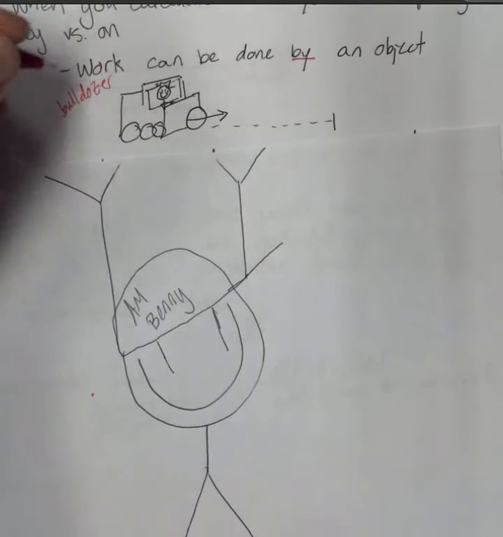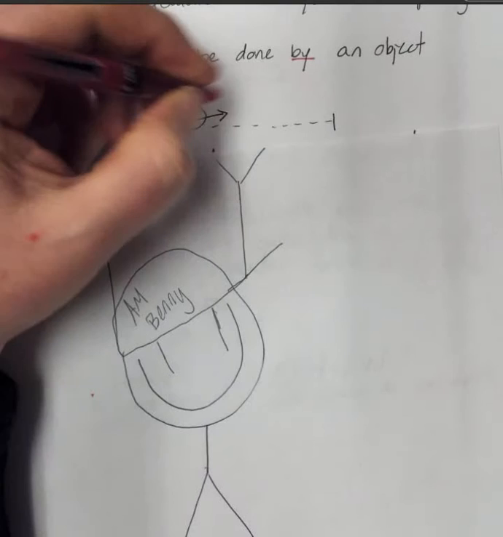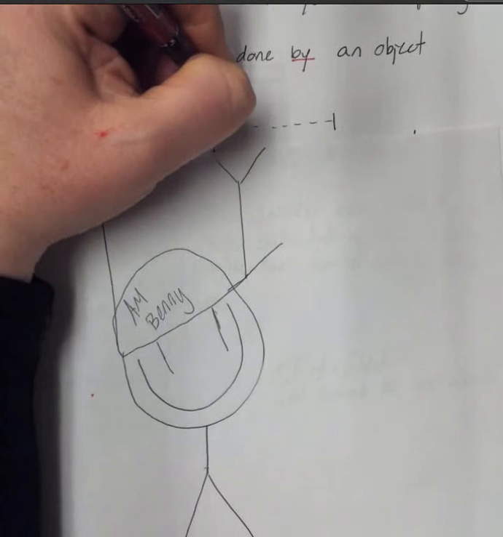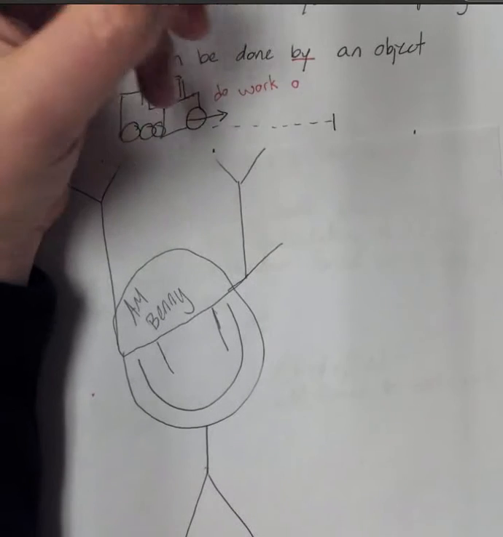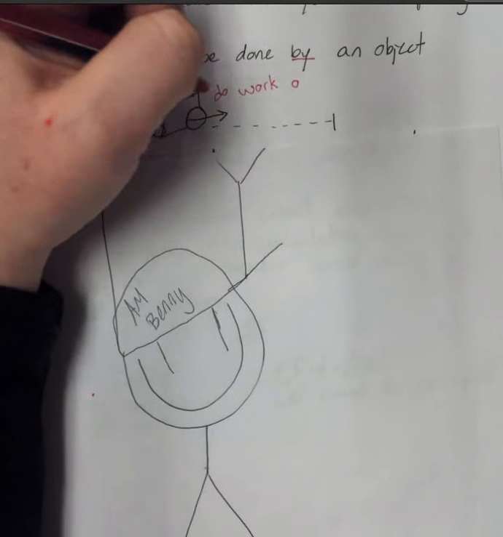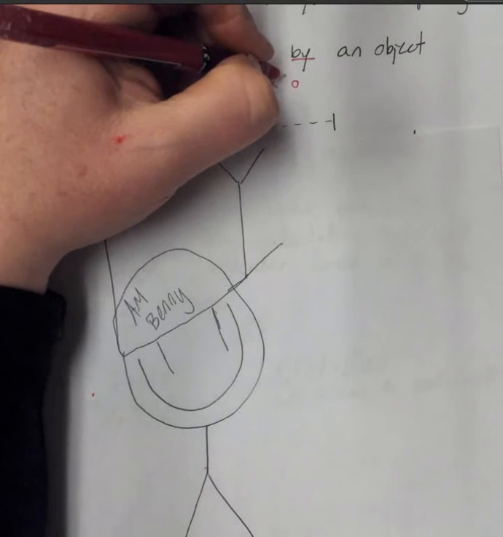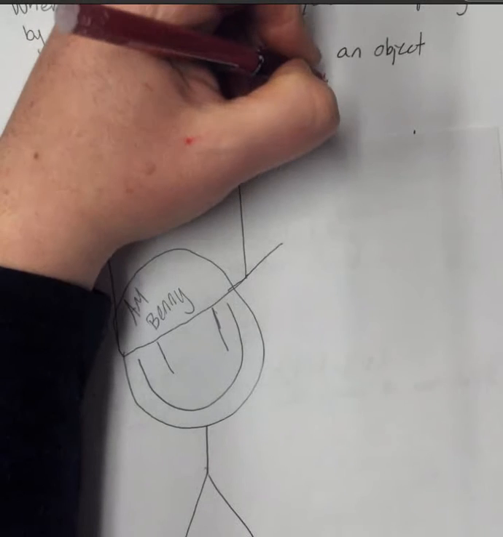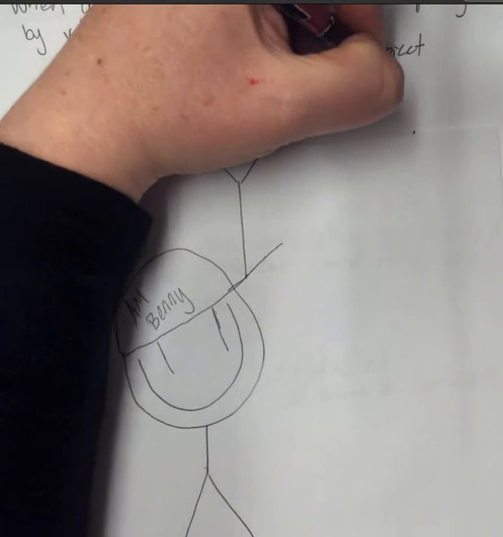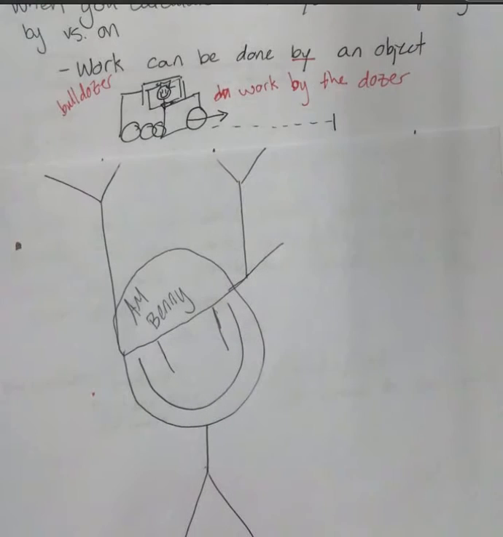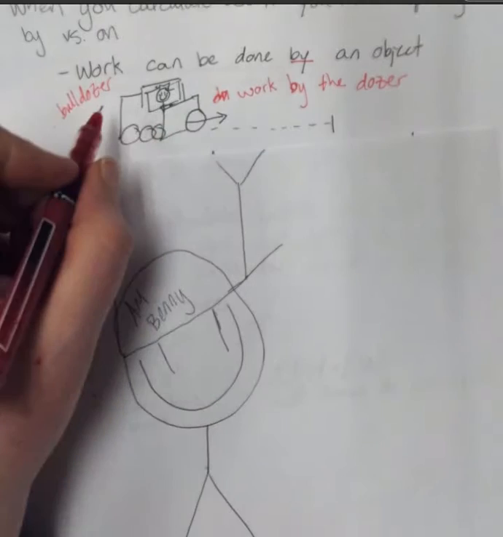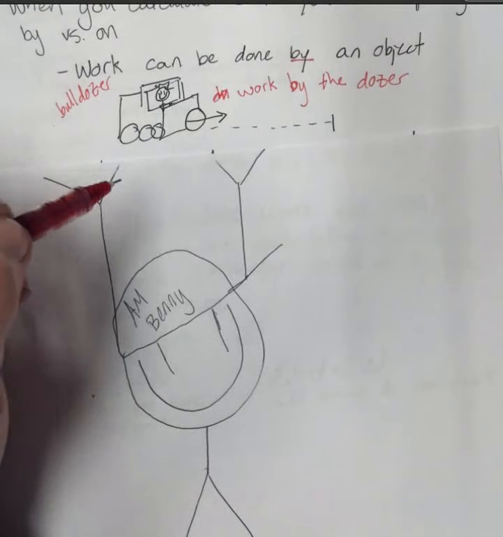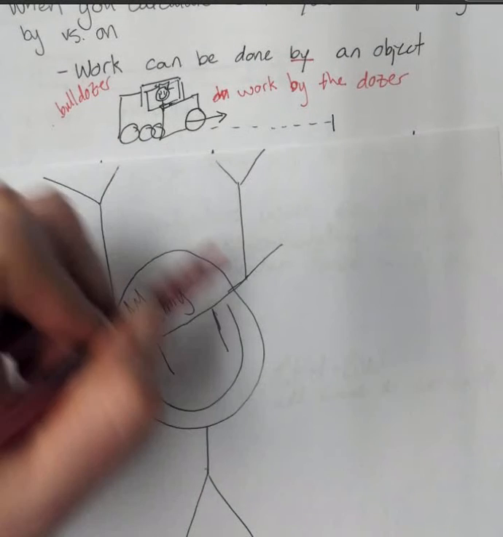The bulldozer is doing work, so the work is being done by the dozer. Here work is being done by our object. Our object is the bulldozer. When work is being done by the dozer, that means that work is leaving the dozer and going somewhere else.